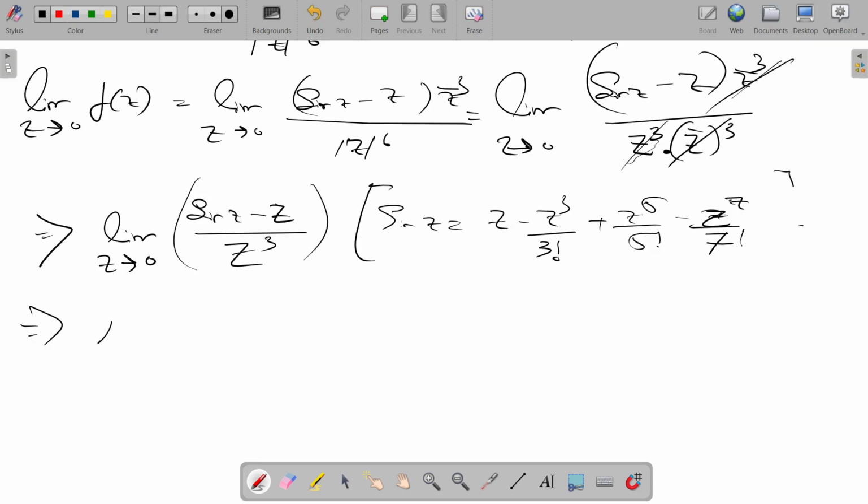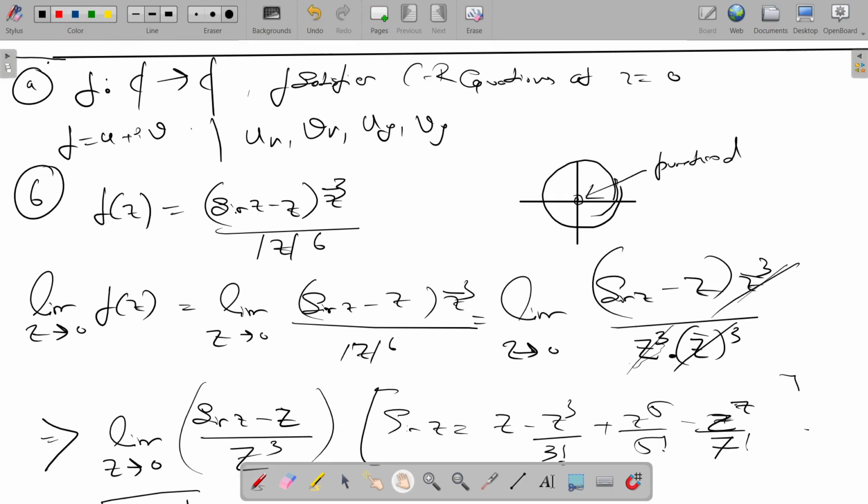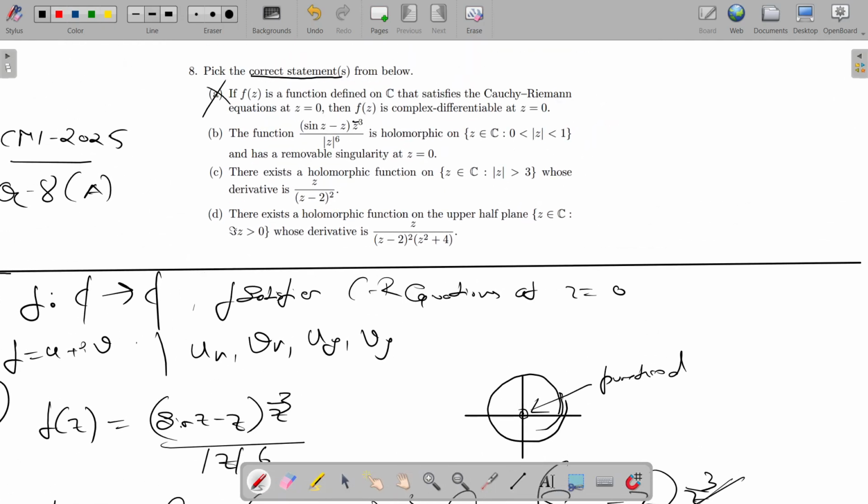So we are just ignoring them. After taking the limit, this comes out to be minus 1 by 6, because z and z get cut, and minus z cube by 3 factorial gives minus 1 by 6. So the limit will exist.